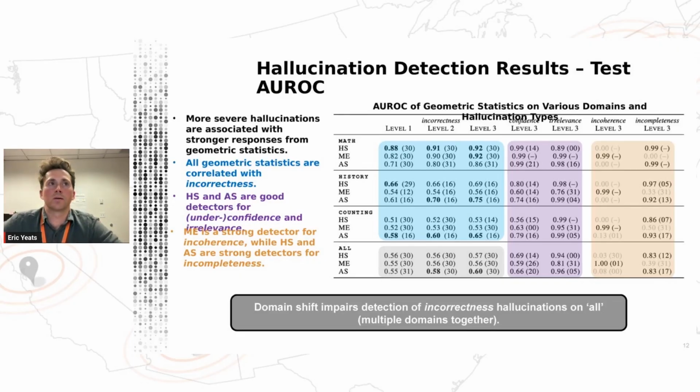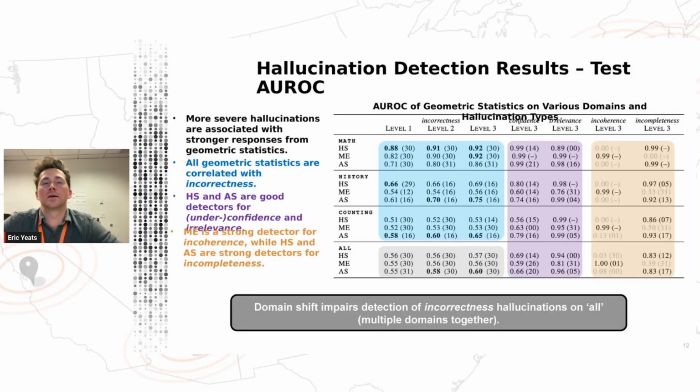To sum everything up, we should look at the gray part of the chart. The gray part of the chart details the performance of these geometric statistics when we include a mix of the different domains for incorrectness hallucinations.